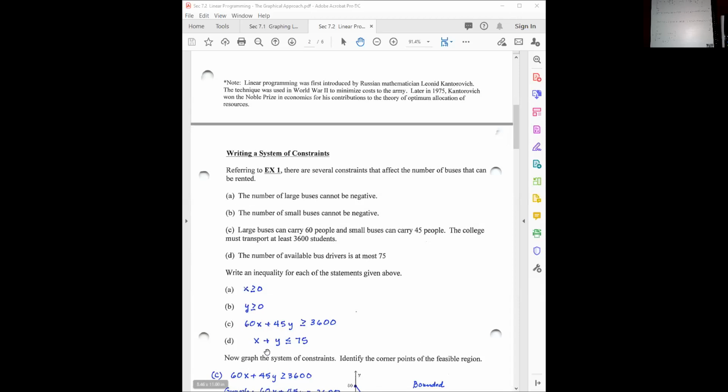So part D shows up by saying X plus Y is less than or equal to the number of drivers. So the number of large buses plus the number of small buses must be less than, but can be equal to, 75 drivers. Do you see how all these constraints were created using this information? Is that clear or is that weird?